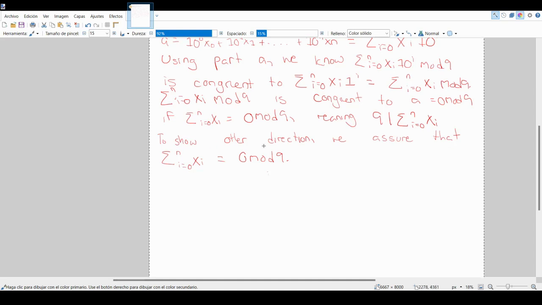We may recall that A is equal to the sum from i equals 0 to n of xi times 10 to the power of i, which in modulo 9 equals xi times 1 to the i.